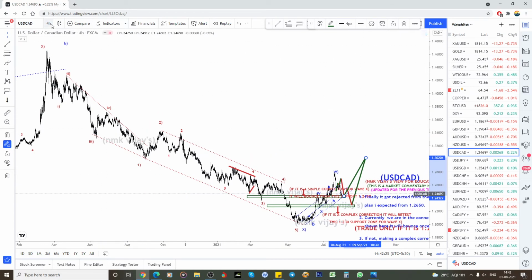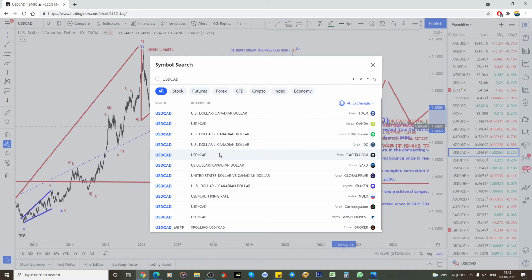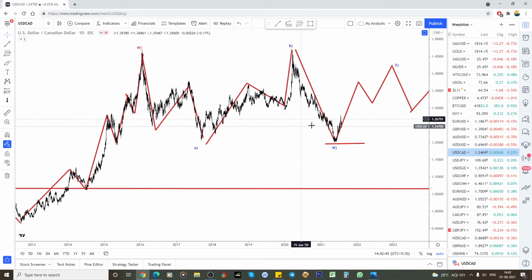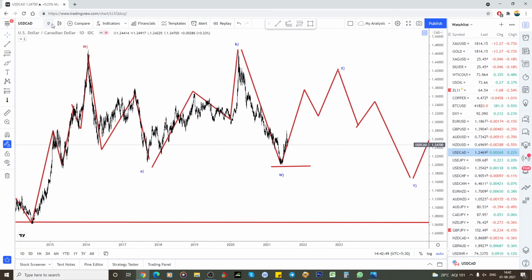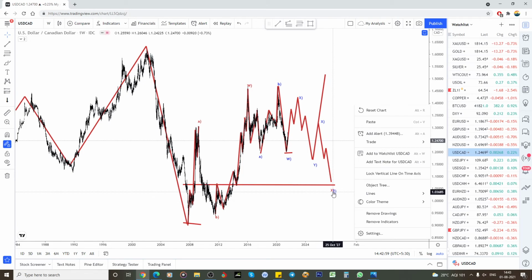After that, what we already did in the plan from here, whether one A, B, C has got completed. I will show you in that USD CAD in IDC also. So what we did is a W, and this is an X at present, because we didn't know whether this wave is going to make a Y wave, or it is doing a complex correction and it is going to make a Y wave.